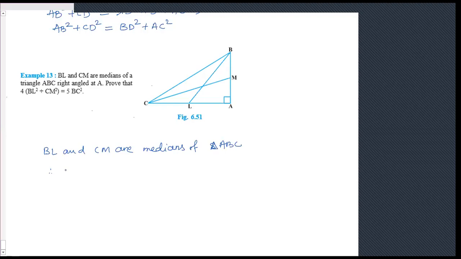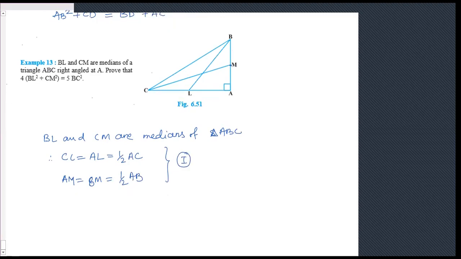Therefore CL is equal to AL, which is half of AC. CM is a median, that is M is the midpoint of AB. So therefore AM is equal to BM, which is half of AB. Consider this as equation 1. We have to use this one.